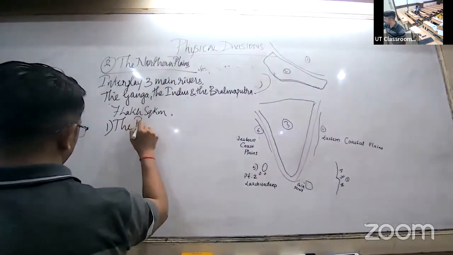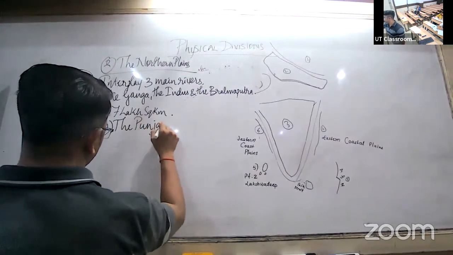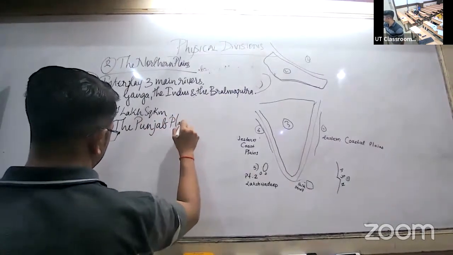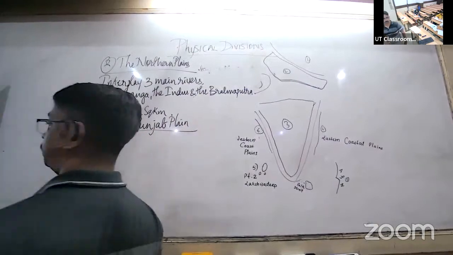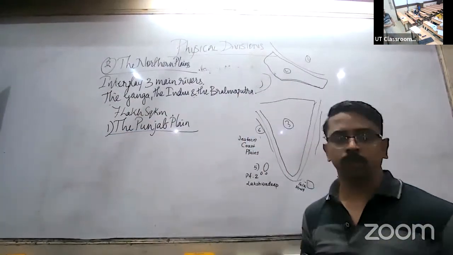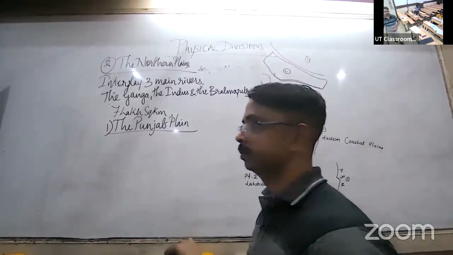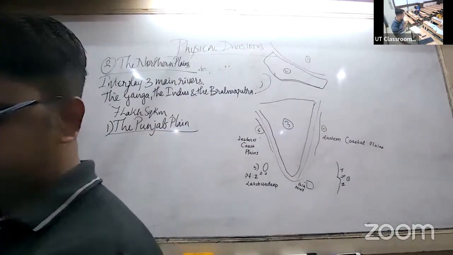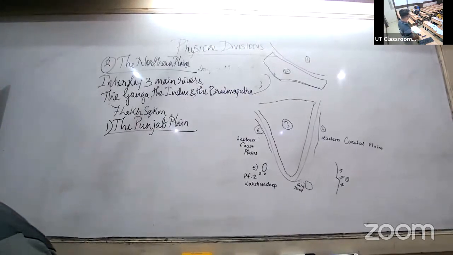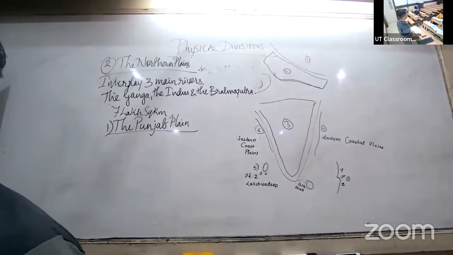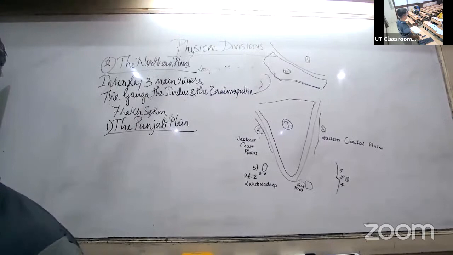Remember which was the first division? The Punjab Plain. Correct, right? The first division is the Punjab Plain. Underline and highlight.